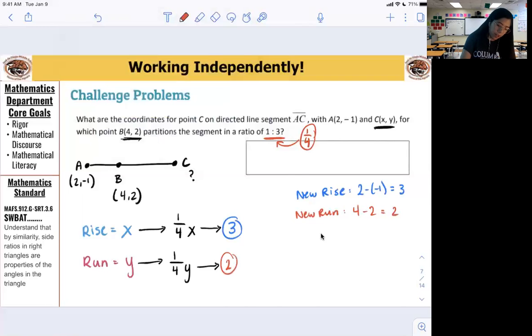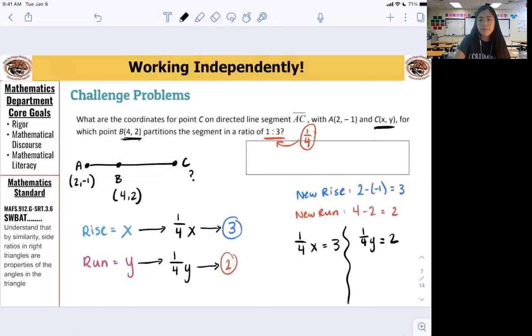Now I can actually figure out the value of x and the value of y, because I know that 1/4 times x is 3, and I know that 1/4 times y is 2. So what do I get for x? If I'm solving for x, what do I do to both sides? How do I get rid of a fraction?